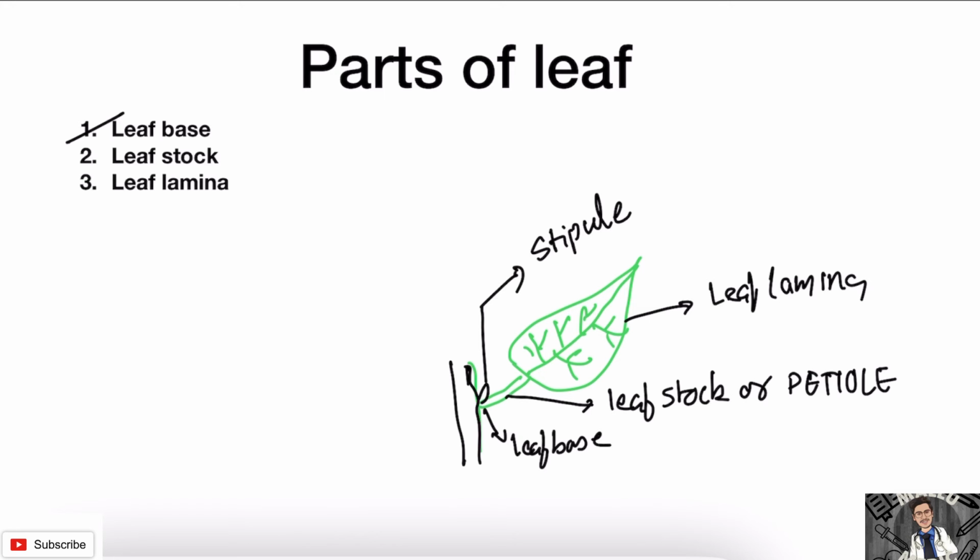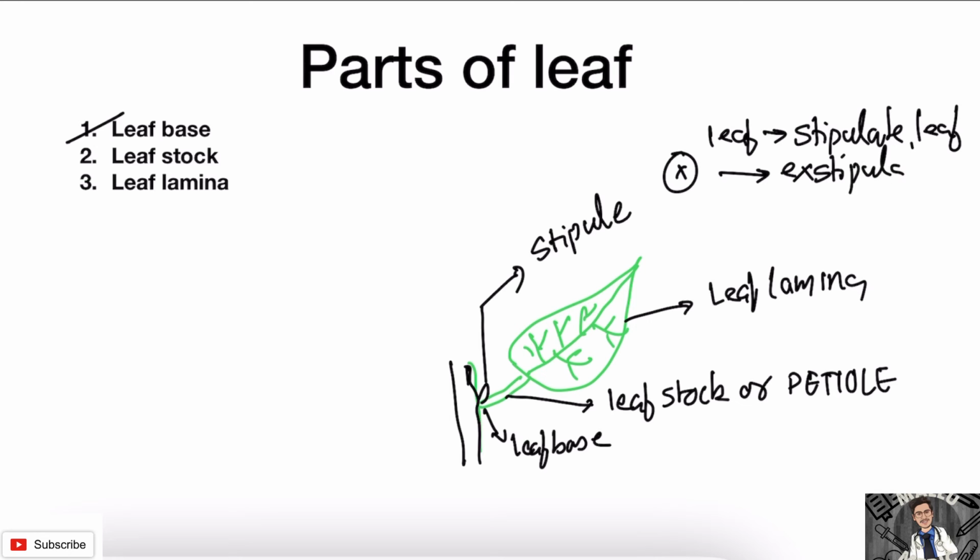So what is a stipule? Stipules are small leaf-like structures in the leaf base. If a leaf has a stipule, then we call it a stipulate leaf, and if the stipule is absent, then we call it an exstipulate leaf.